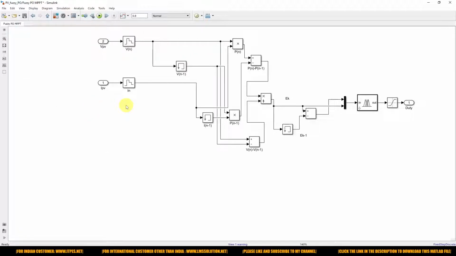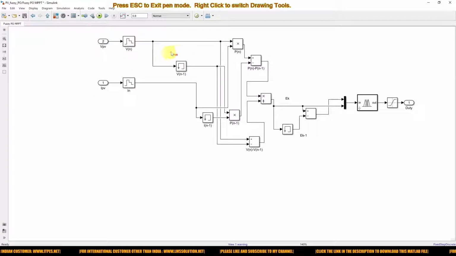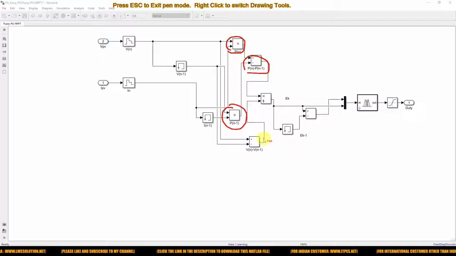Inside you can see we are calculating the power, that means current instant power and previous instant power, and then we are calculating change in power here, and here we are calculating change in voltage.